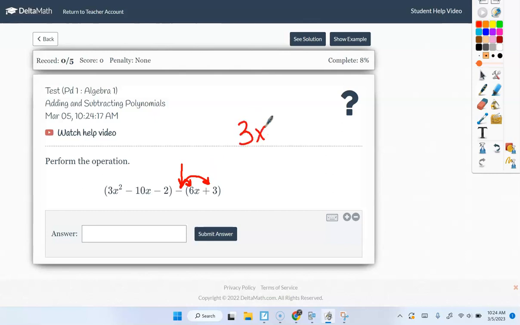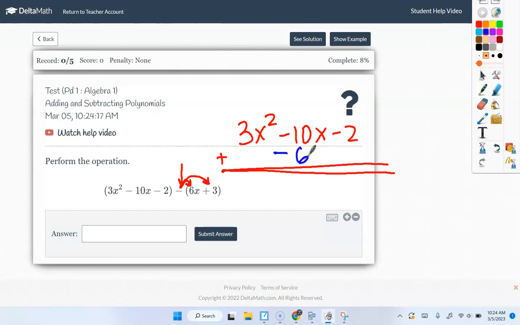So we're going to get 3x squared minus 10x minus 2. This one stays the same, or we keep it, right? And this one's going to change to combining or adding all of the opposite numbers. So the opposite number here would be negative 6x and negative 3, or subtract 6x, subtract 3.